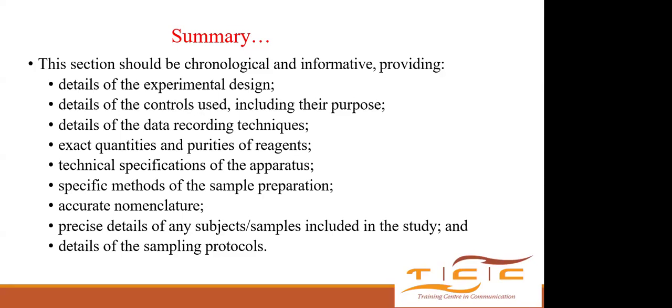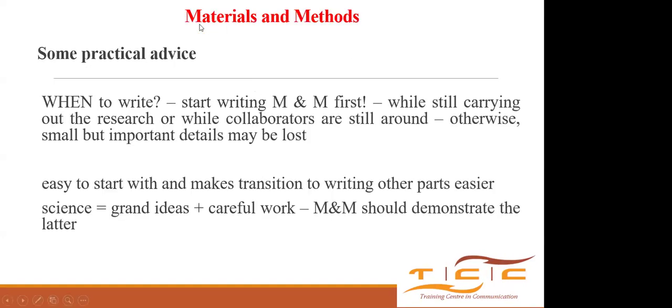Then technical specifications of the apparatus, specific methods of sample preparation, accurate nomenclature. So if you are going to use certain organisms, then you need to give their accurate nomenclature, precise details on any subject, samples including the study, and the details of the sampling protocol. So if you use certain sampling protocols that are already published, then you just need to cite so that I don't have to go and read them again.